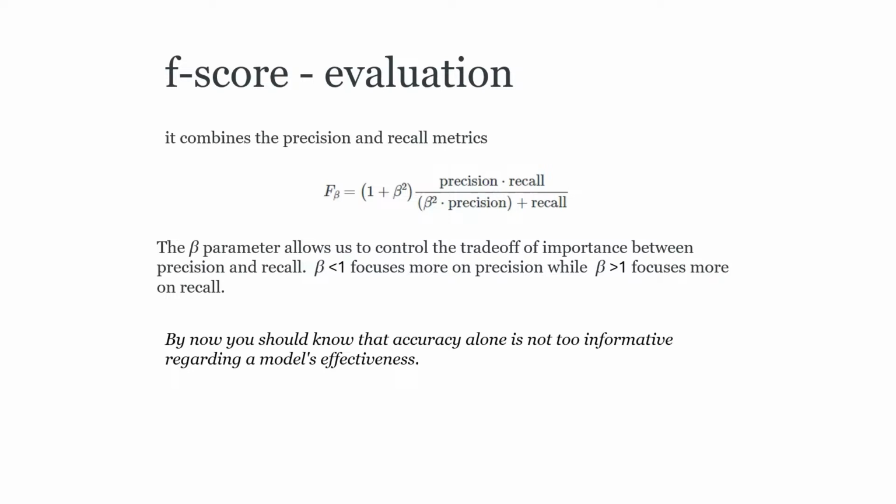So 0.5, the most common is 1, and sometimes 2. So 0.5, 1, and 2. Very rarely do we use other numbers for beta.